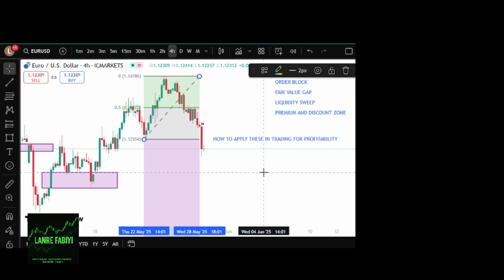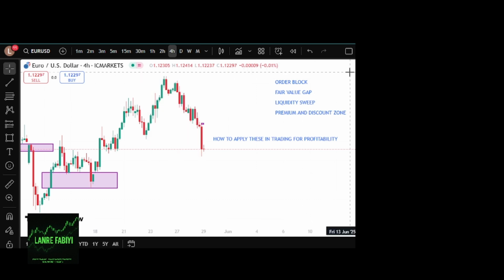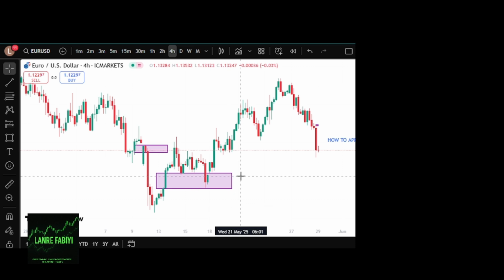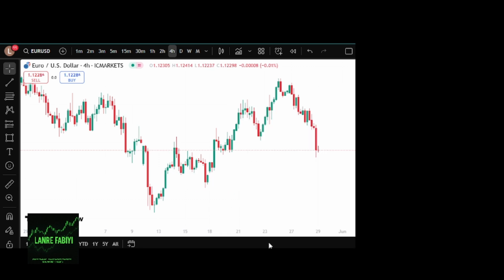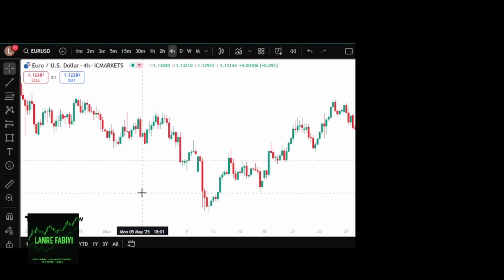Depending on the kind of trader you are, you must identify all these tools in your higher time frame, and you must understand break of structure before you decide either to buy or to sell. You must identify break of structure. Let me try to talk about that. Let's start from here. Look at this market.